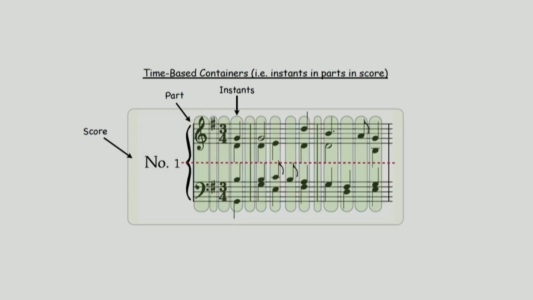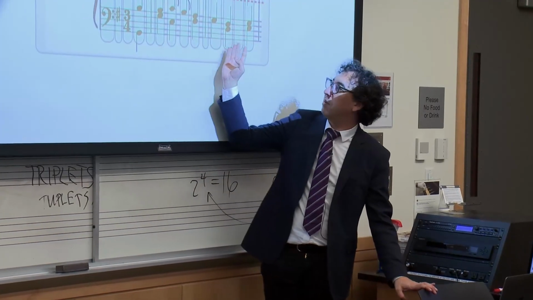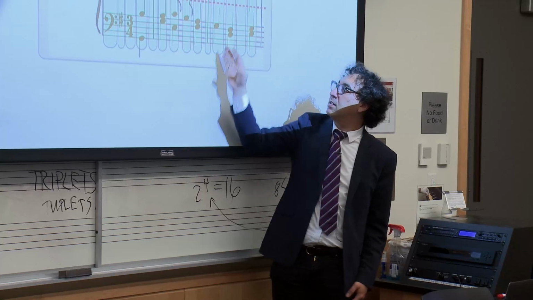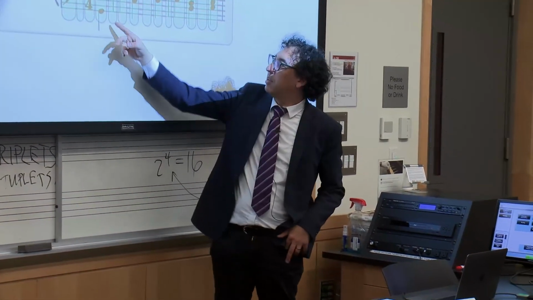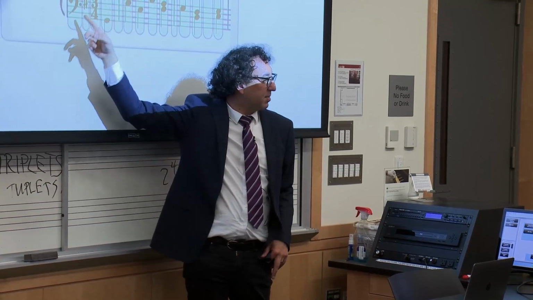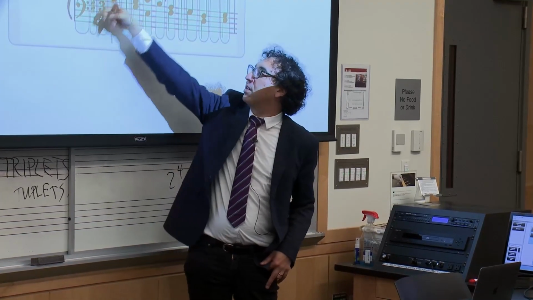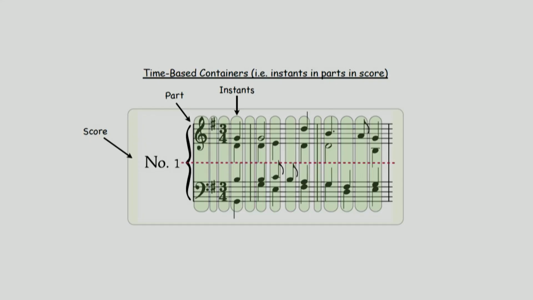The second one that is very common is the time-sliced container. Everything that happens at a certain moment in musical time is in its own slot. Some people would put these four things in four different slots, because all of these things happen musically at time 0, right?